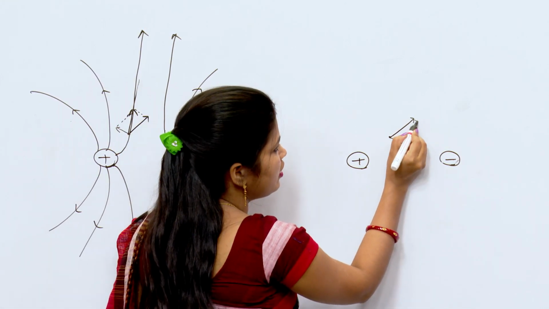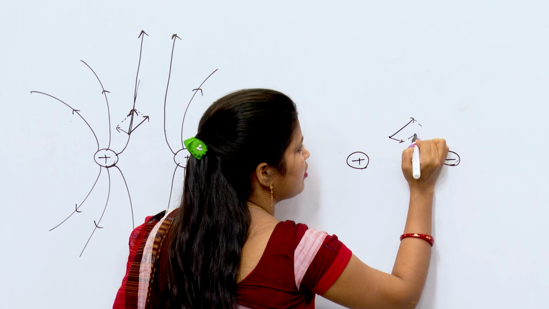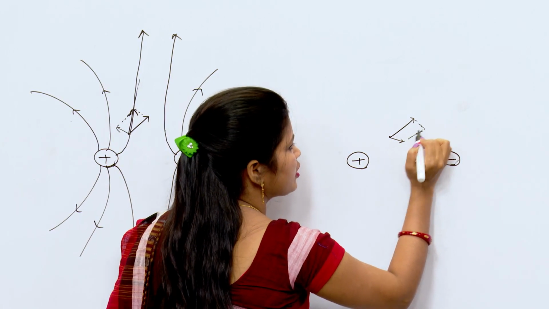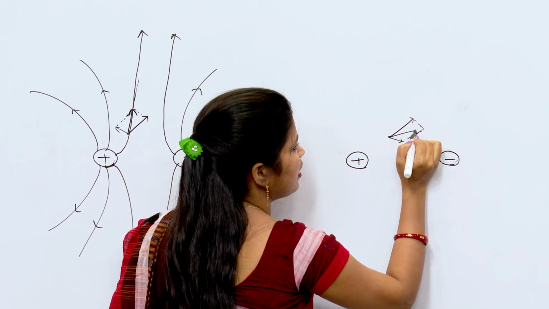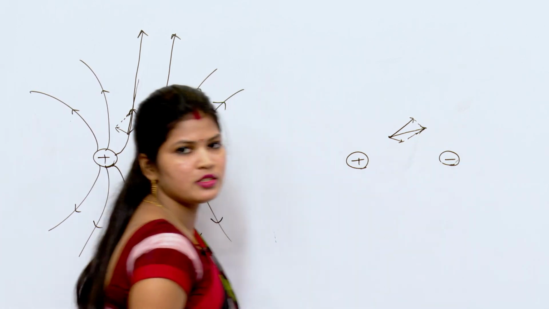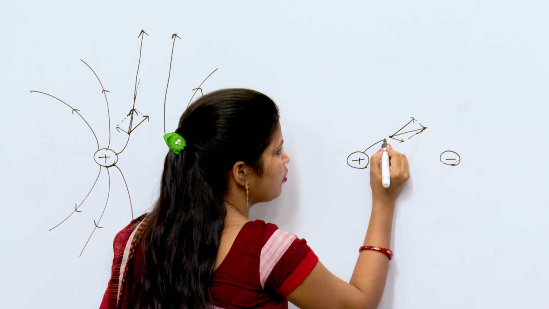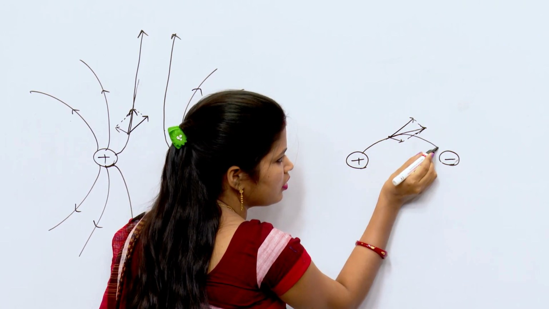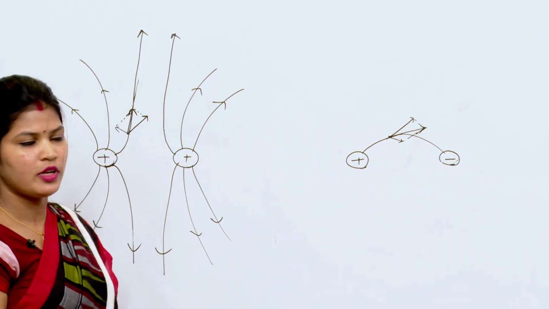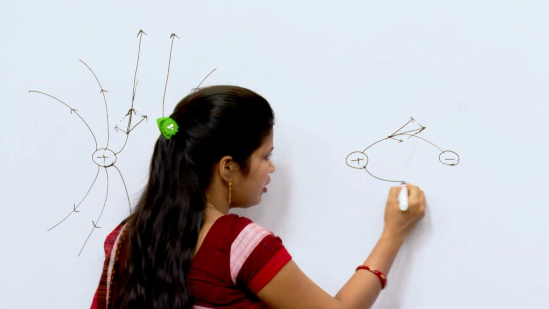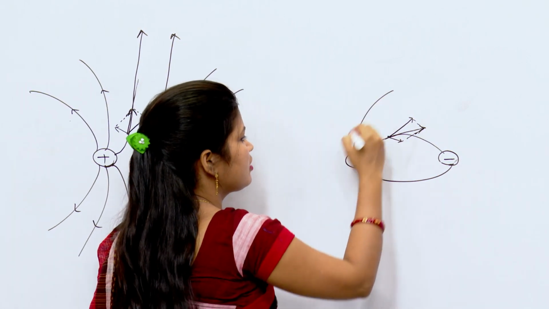So, the resultant electric field will be, direction of electric field is like this, and when we draw electric field line, that will go in this way. So, in a similar manner we can draw another lines.